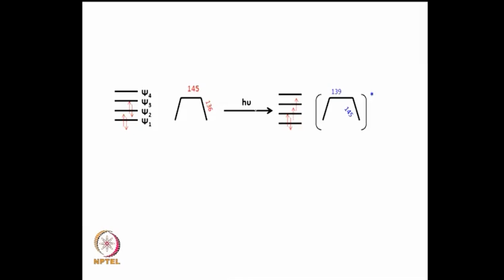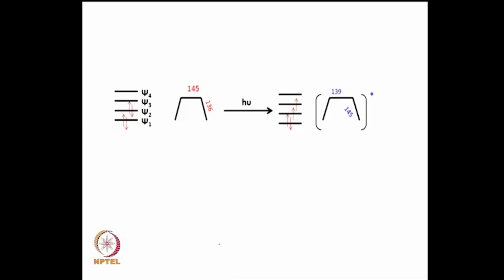This is exactly what is going on when you have a photochemical reaction with butadiene. So, if butadiene absorbs light and there is an electronic excitation, you are doing exactly the same thing that we are doing when you form a metal complex.